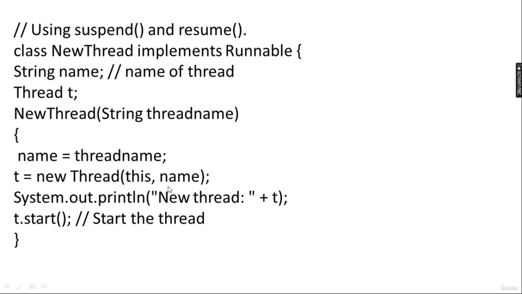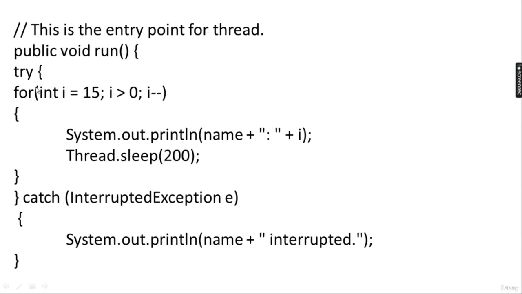Then t is equal to new Thread(this, name). The name is passed, then the thread is started. The entry point for the thread is the run method. i is equal to 15, i greater than 0, i minus minus, so 15 times this will happen. Each iteration sleeps for 200 milliseconds, which is less than 1 second. Then catch InterruptedException e.